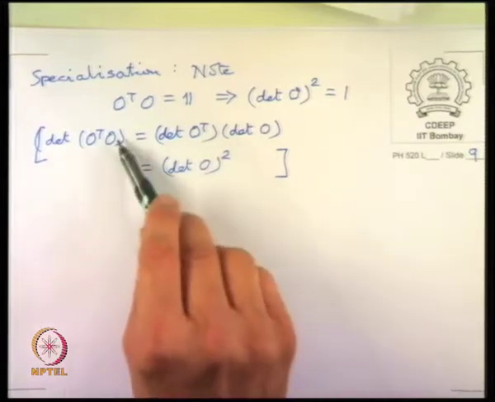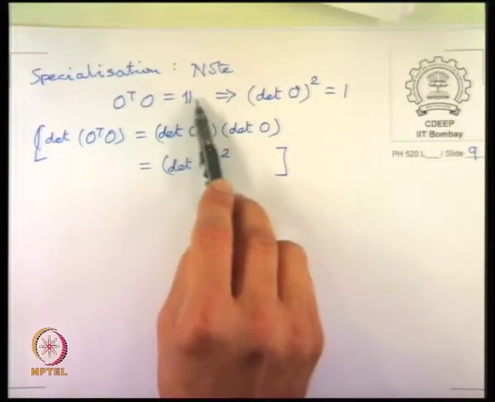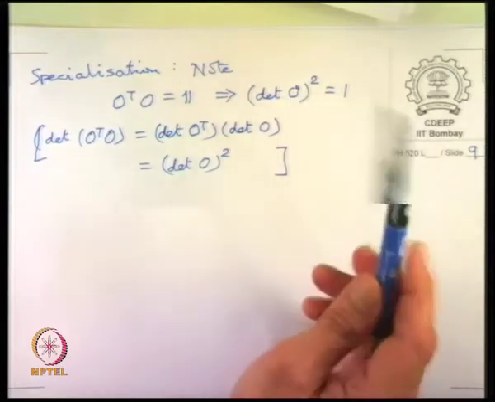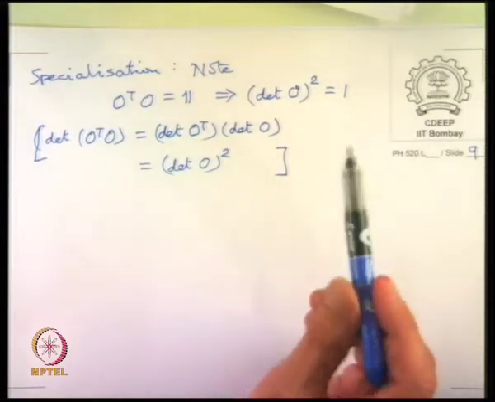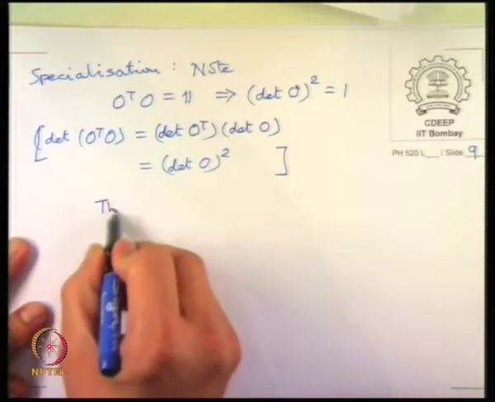So det of O transpose O is the same as det O squared, and on the right hand side the determinant of the identity matrix is 1. So we get det O squared equal to 1. This means that det O can be plus or minus 1.